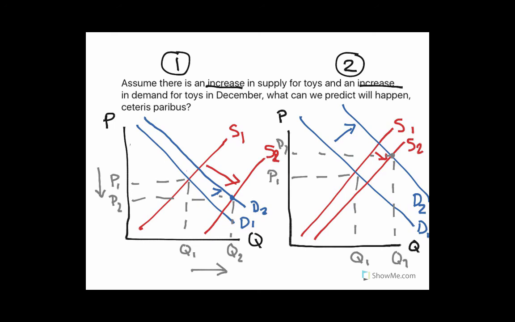But in this scenario, price increases and quantity increases. And since price increases in scenario 2, but it decreases in scenario 1, we can't draw any conclusions about price. But in both scenarios, quantity increased. So that's the conclusion that we can draw: in this one, just quantity increased.